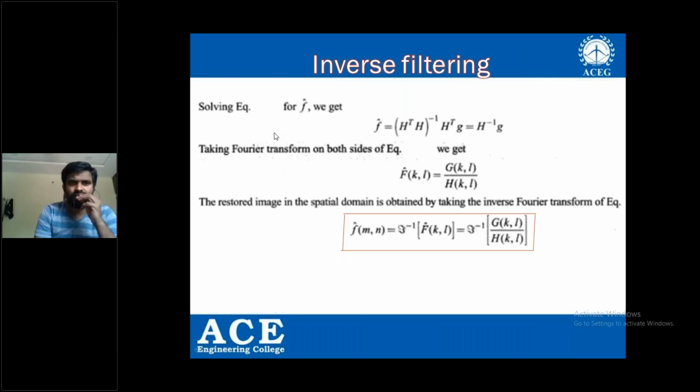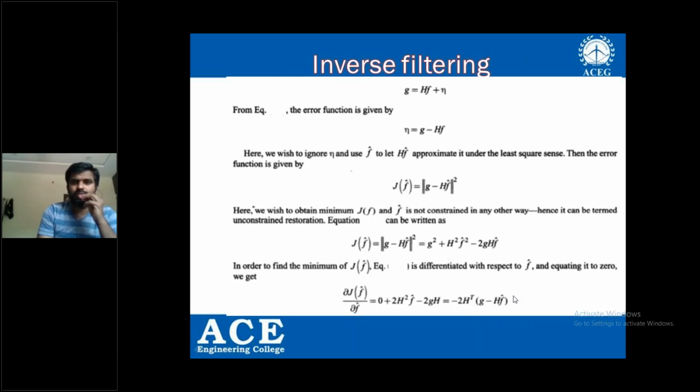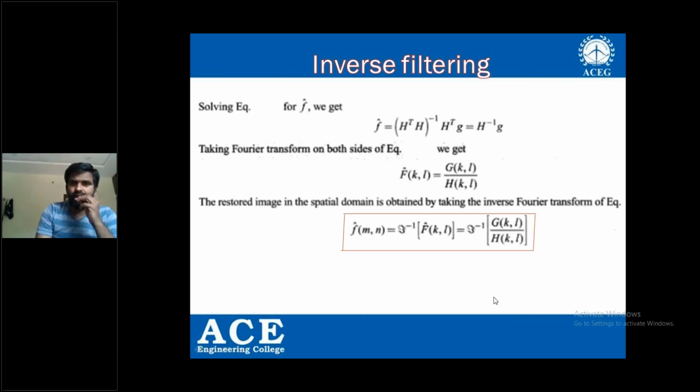Now if I solve the equation, how do you solve it? This particular function is set equal to 0 for finding F cap. After calculations, I can write F cap; you can do the simple calculation, it doesn't take much time, just two to three more steps. So what is F cap here? It is the estimation value of the image, or the restored image, of the original image F of x,y. F of x,y is the original image. F cap is the restored image.